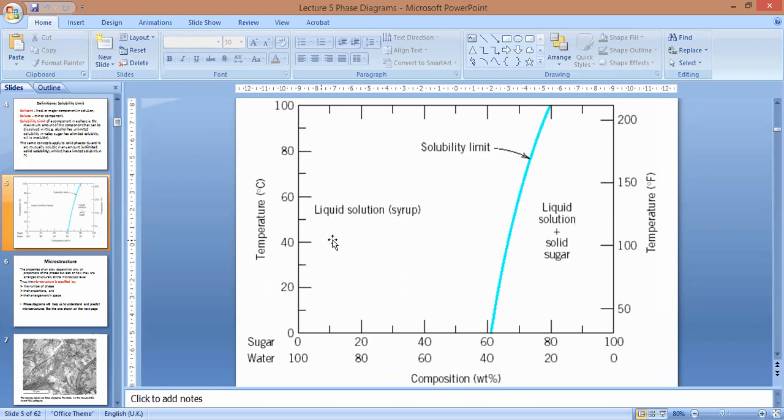So let's say you're adding from 40 degrees. You reach your limit here, the solubility limit.